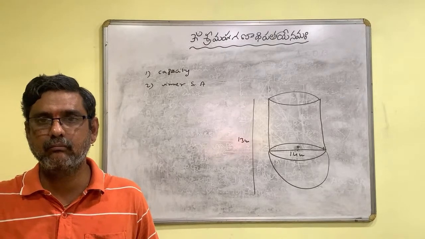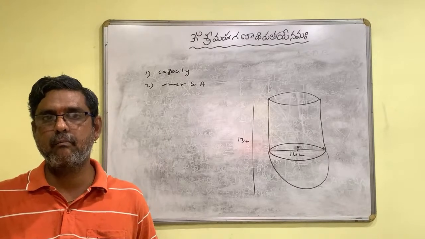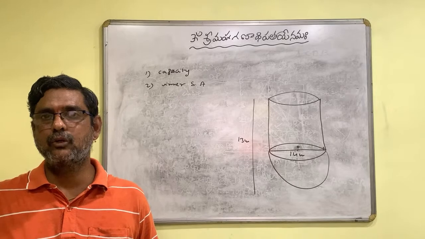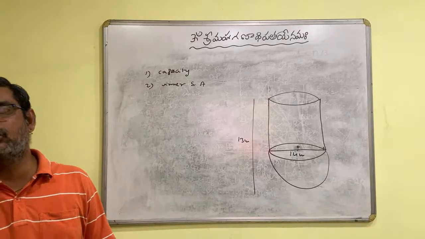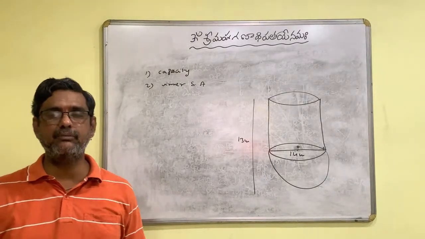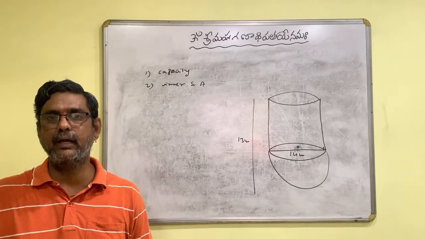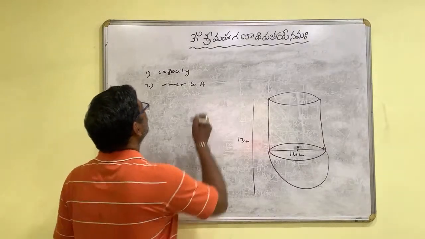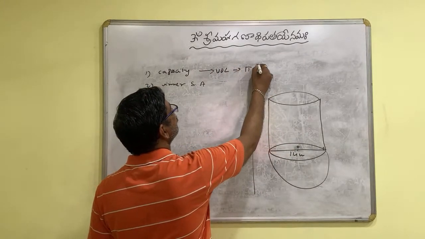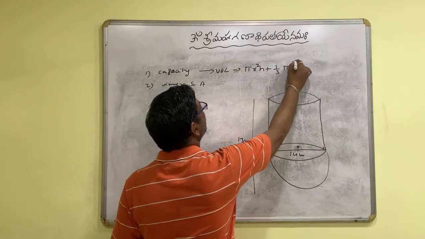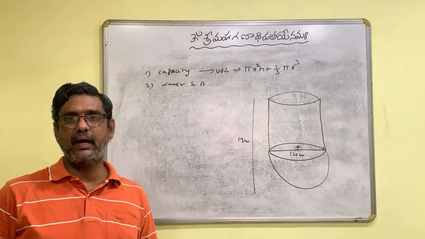Capacity means volume. This object is a combination of two objects. One is a cylinder, the other one is a hemisphere. So capacity means volume. So volume here is pi r square h plus 1/3 pi r cube.